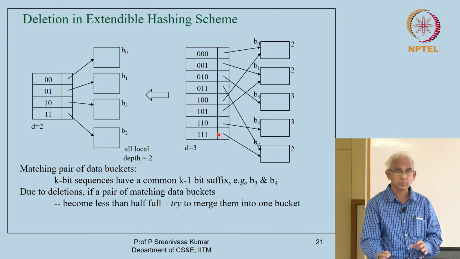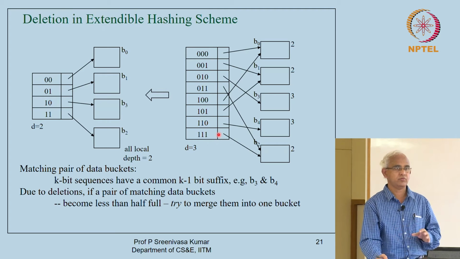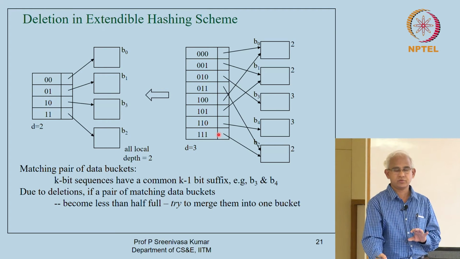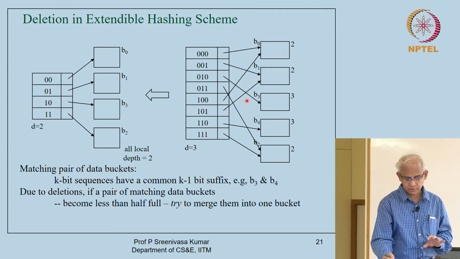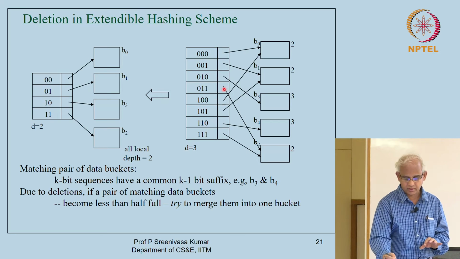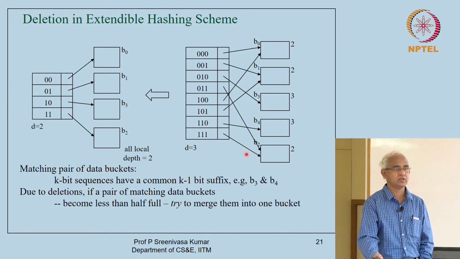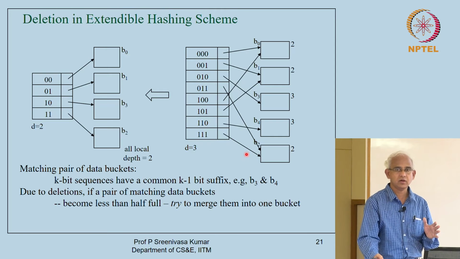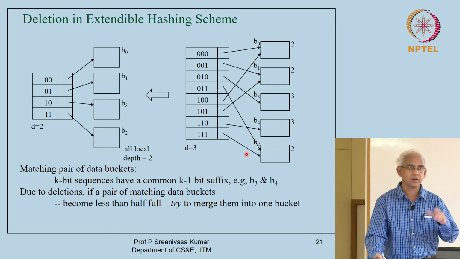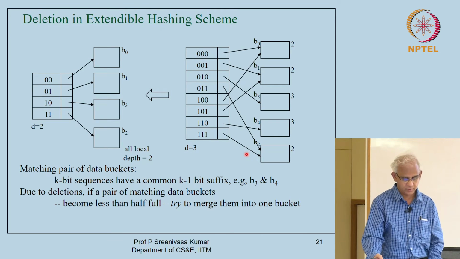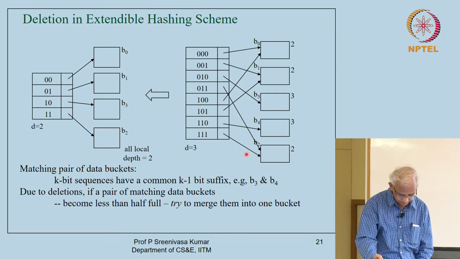So, you can take care of the growth of the file as well as the shrinkage of the file using this nice directory structure. And in general, of course, there is an assumption here that the hashing function hashes the records uniformly across the bucket numbers.